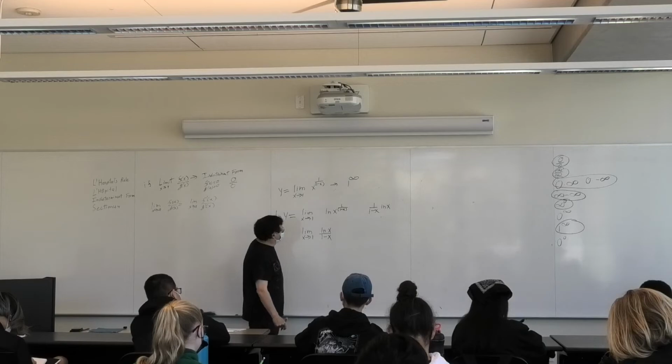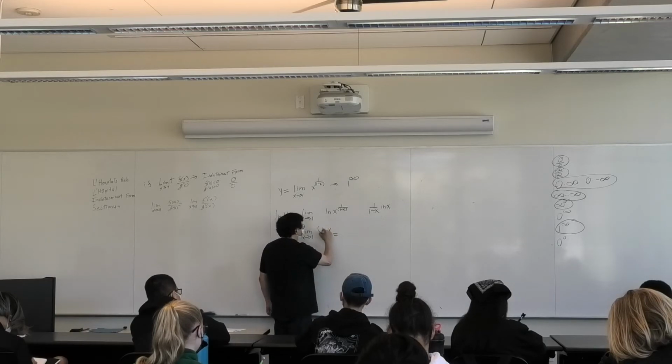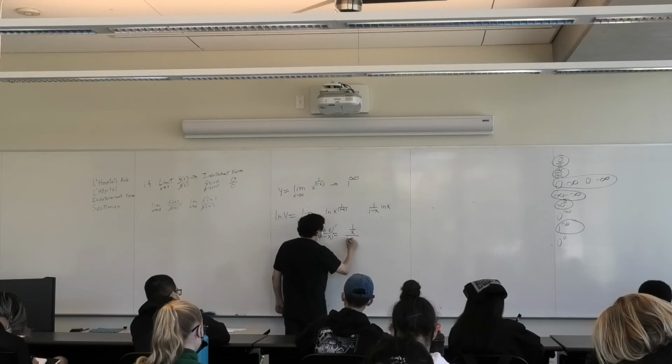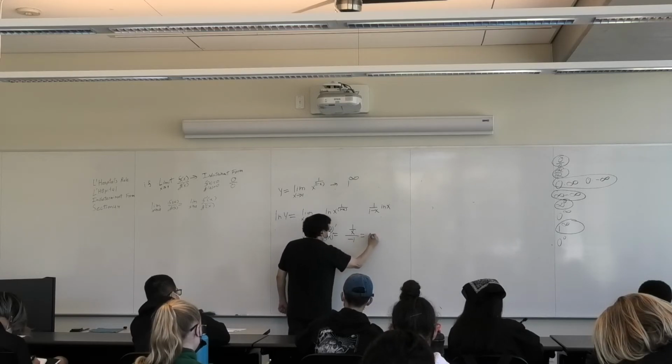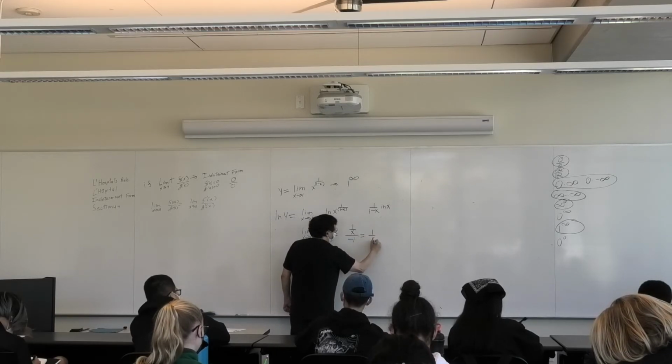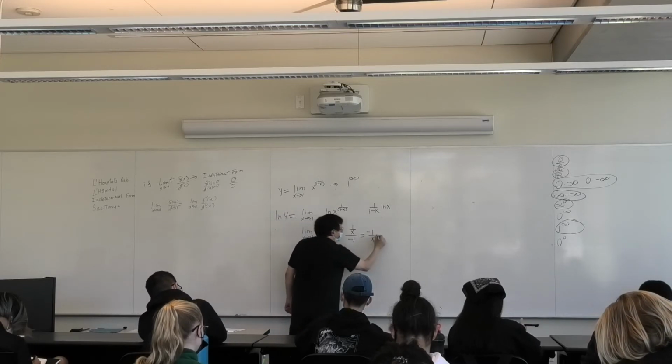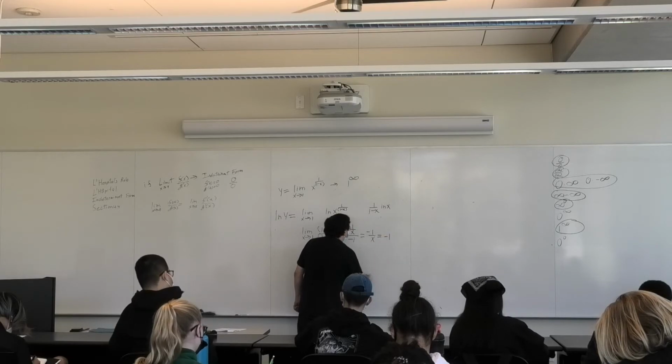Cha-ching, we can use the rule. Derivative of the log is 1 over x. Derivative of 1 minus x is minus 1. This just becomes minus 1 over x. And as x goes to 1, this should go to minus 1.